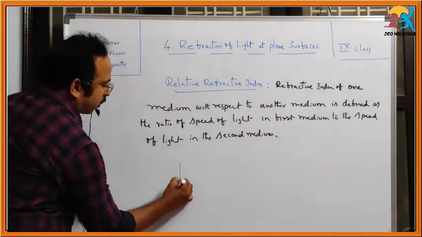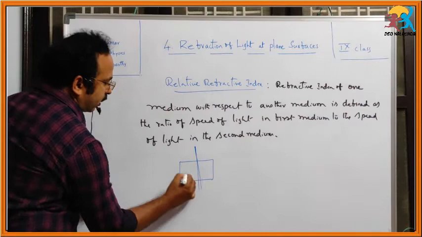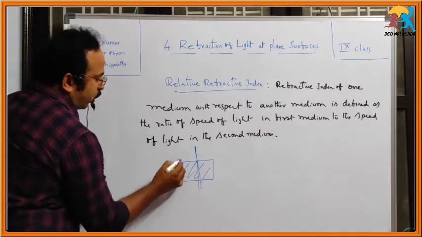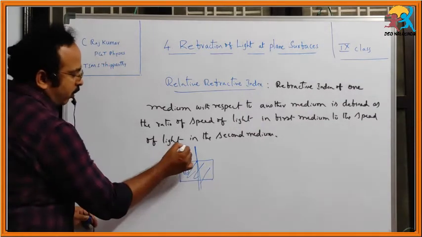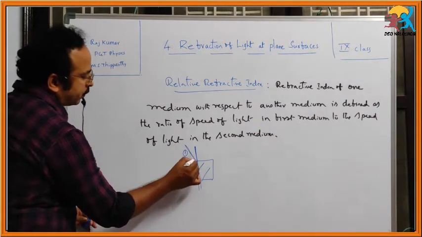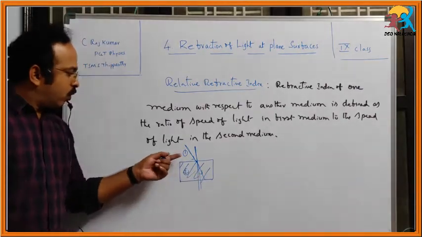For example, here we have one glass slab. Light is going from one medium to another medium.